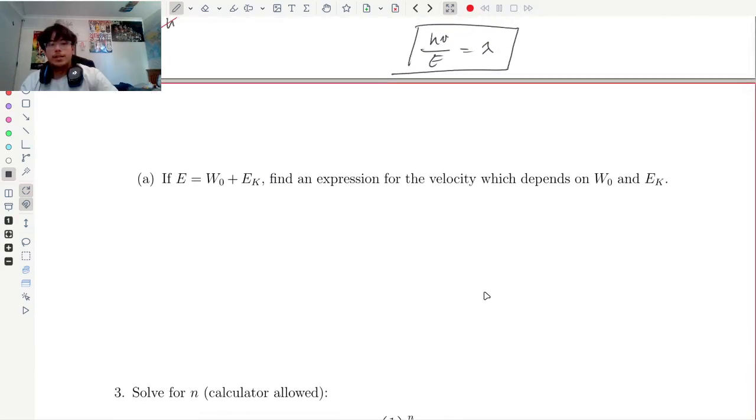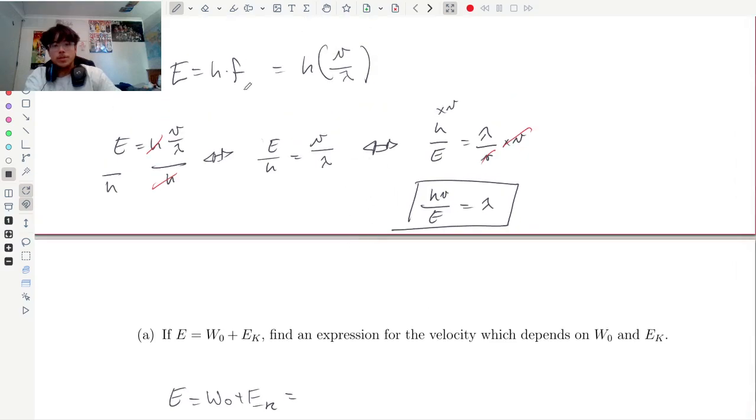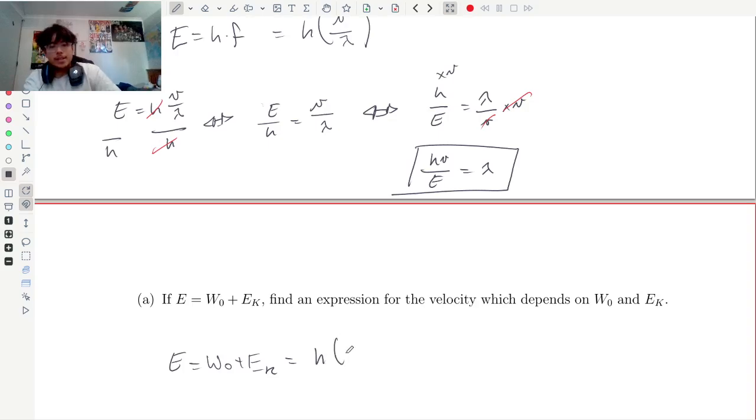Now, if E is equal to W naught plus EK, find an expression for the velocity which depends on W naught and EK. So we would need to just say that E is equal to W naught plus EK, which is going to be equal to this guy here. But this guy is equal to this guy. So I'm just going to write equals h v on lambda.